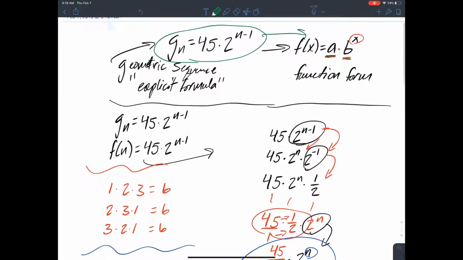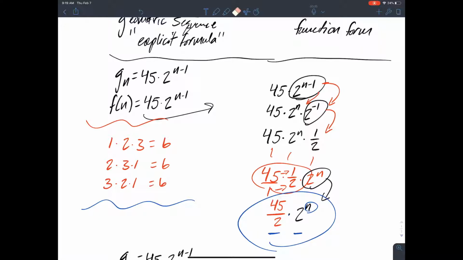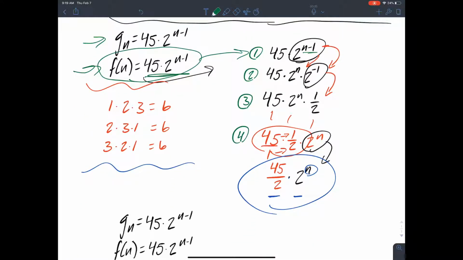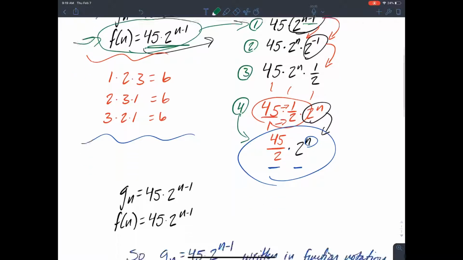I rewrote them next to each other, then took the numbers, 45 times 2 to the n minus 1, and broke it up step by step: 1, 2, 3, 4. And there we go, that's my final answer right here.